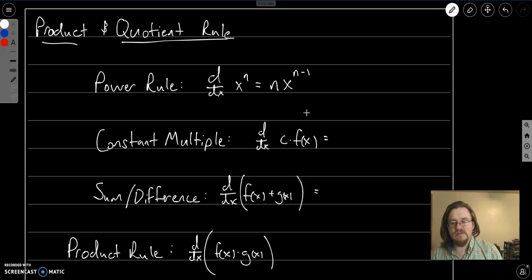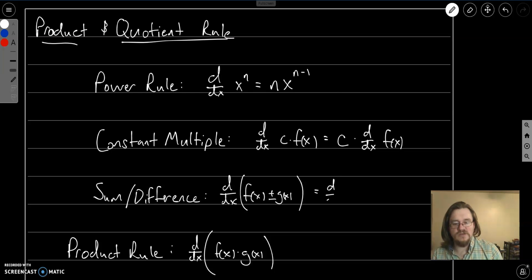When we have constant multiples of a function, we can pull out that constant. So the derivative of c times f of x is the same thing as c times the derivative of f of x. The sum or difference of functions, when we want to take the derivative of this, we just take the derivative of each one individually and add or subtract as appropriate.